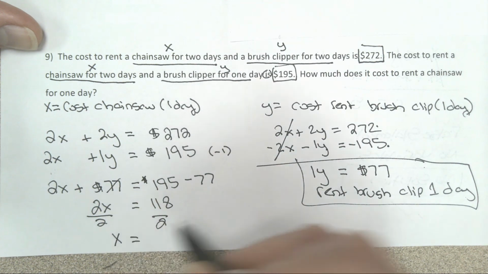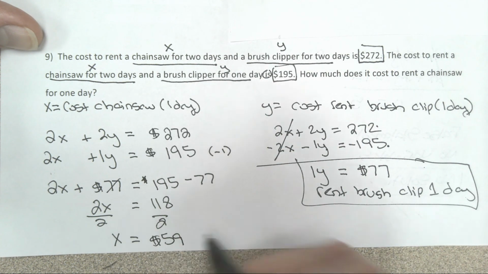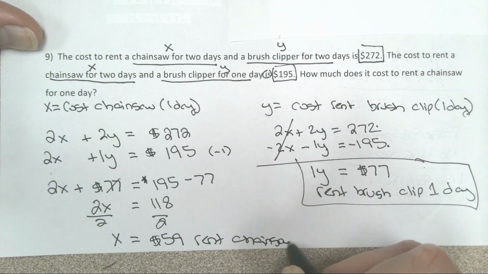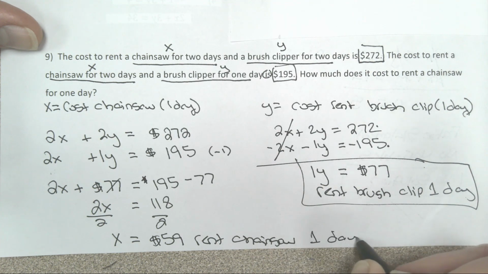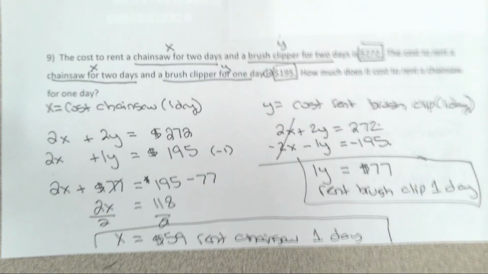Divide, and x is $59. And that is to rent your chainsaw for 1 day. So this answers the essential question, and when you tack on the label, that tells me it's $59 to rent a chainsaw for 1 day.